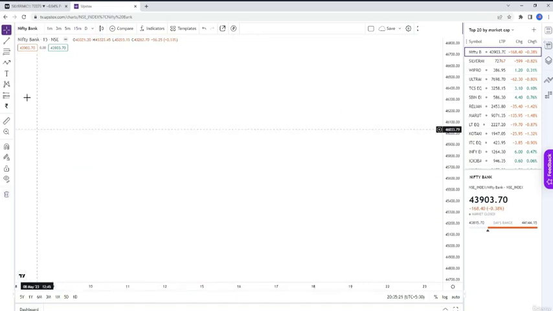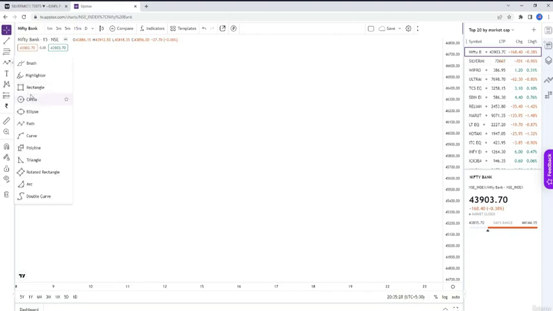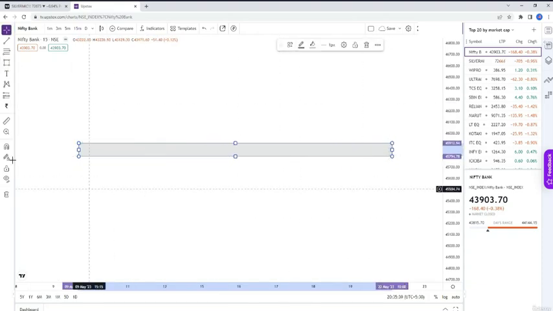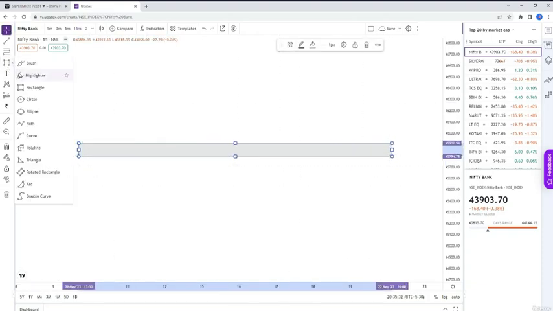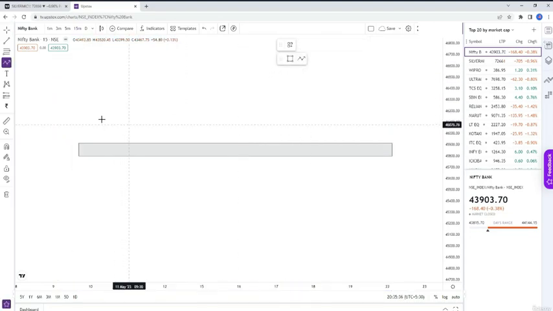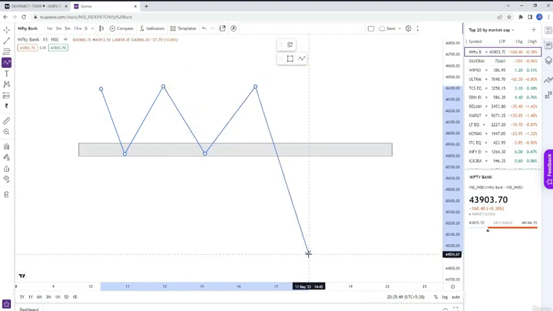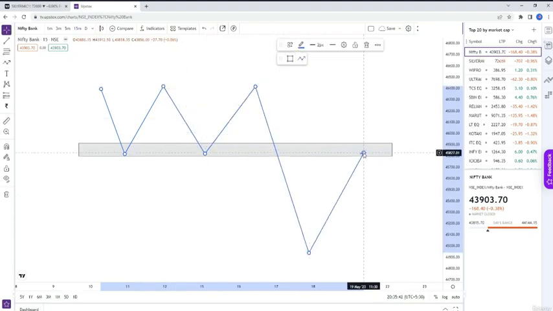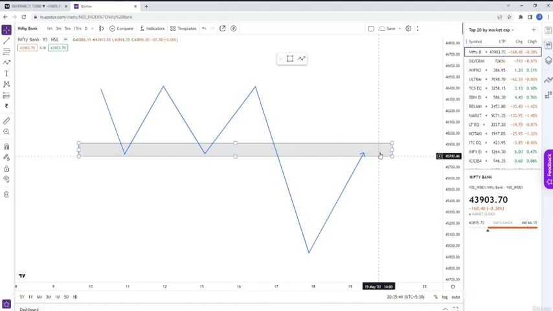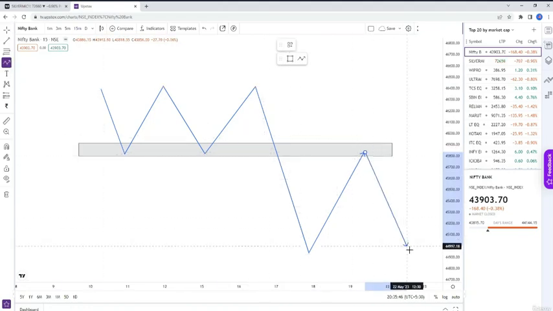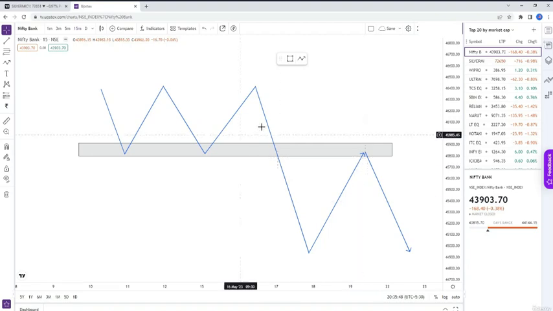The opposite is true for the resistance case. Let me draw it. For example, let's say this was an area where the market was taking support multiple times, and then it's broken. So whenever the market comes back to this area, it is going to act as a very strong resistance, or supply.